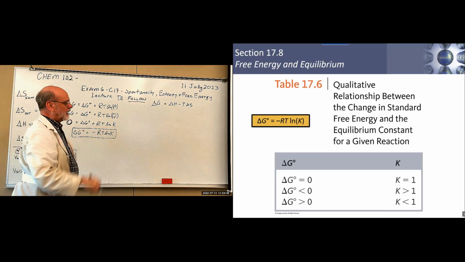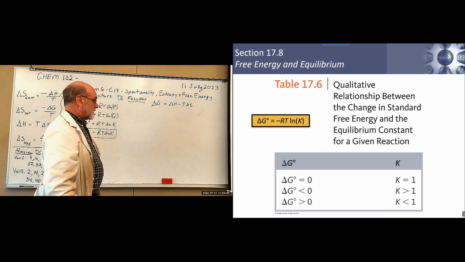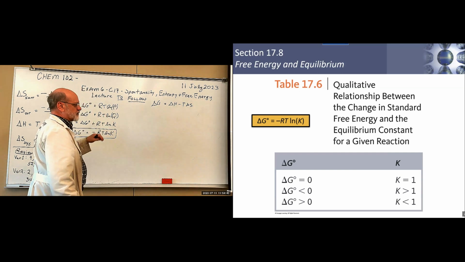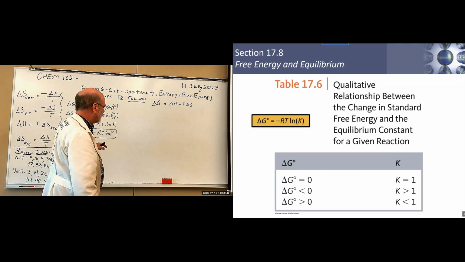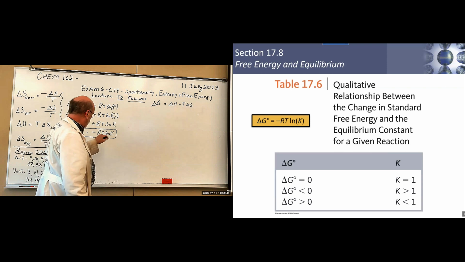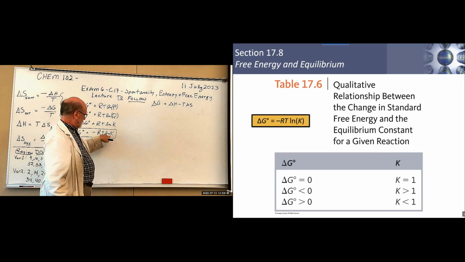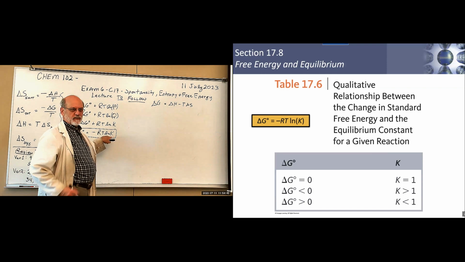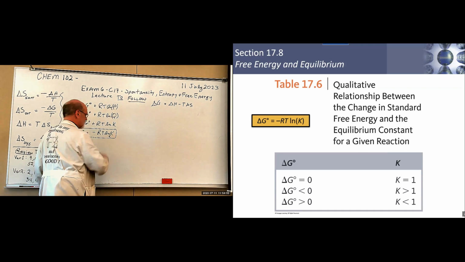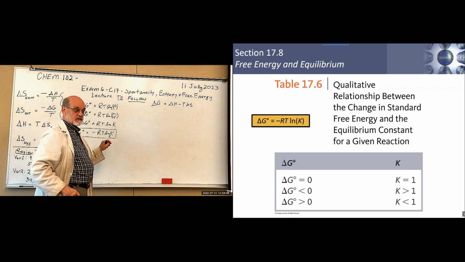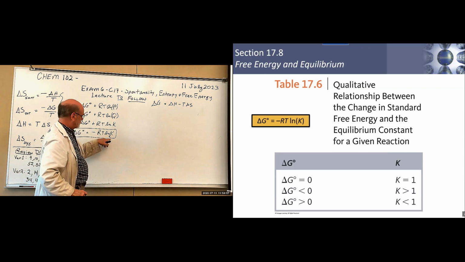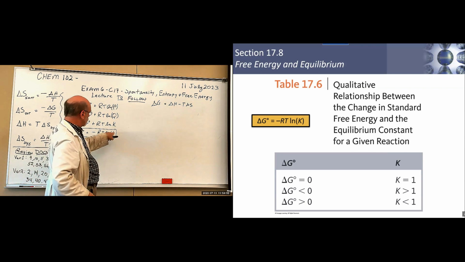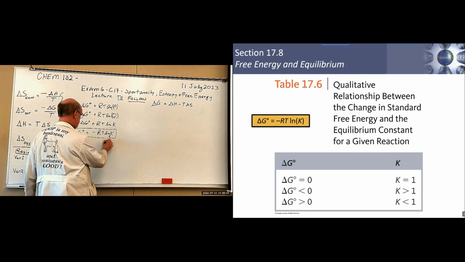Here we go. So we've looked at equilibrium constants before, and we find that for K equal 1, what would the log of 1 be? Right, this is base e. So e to the 0 is 1. Right, so the log of 1 would be 0.